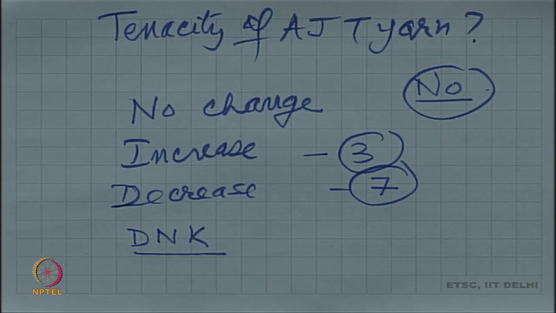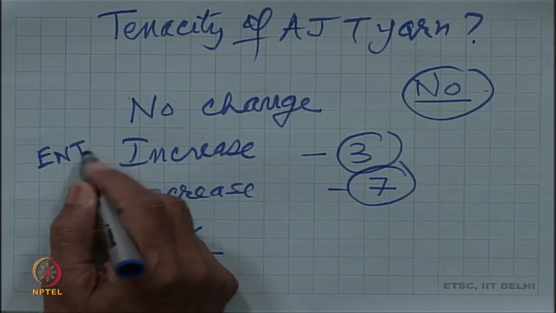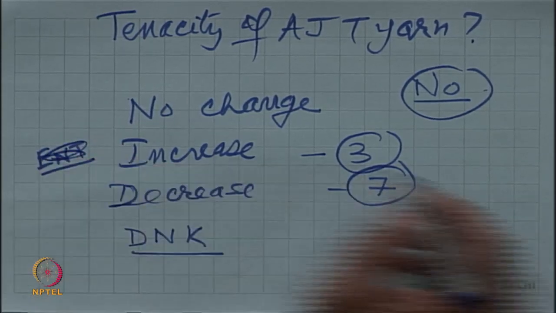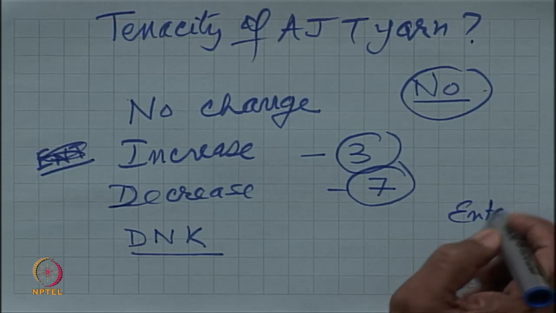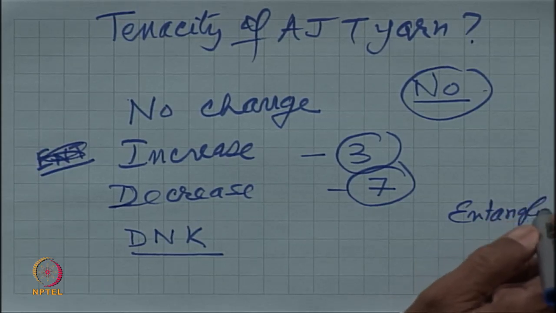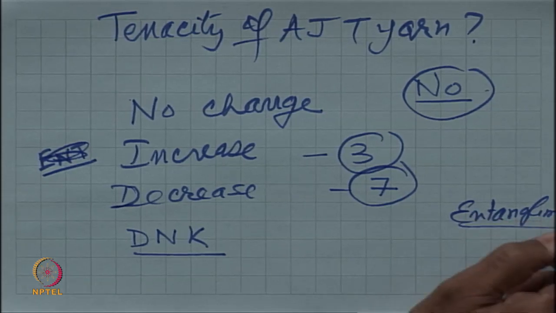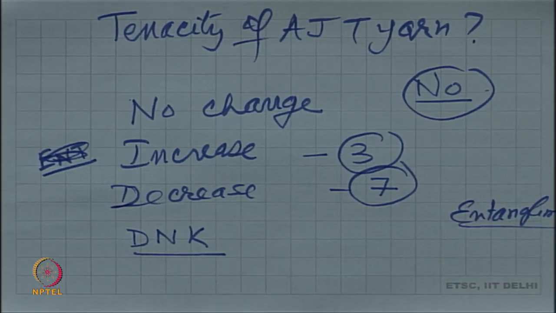But in any case, why do people who think it should increase believe that it should increase? Those who said that it can increase, why should it increase? Because of entanglements, which are not there in the other yarn, it may increase because there is a compressive force, right.